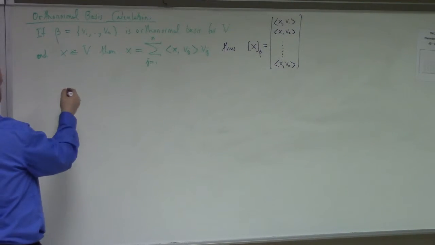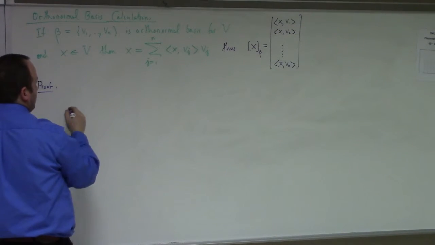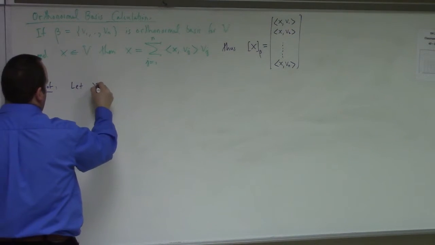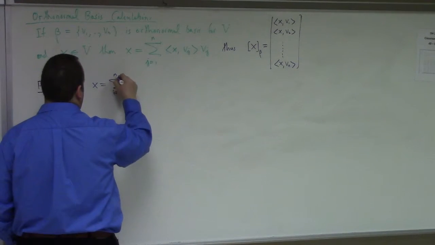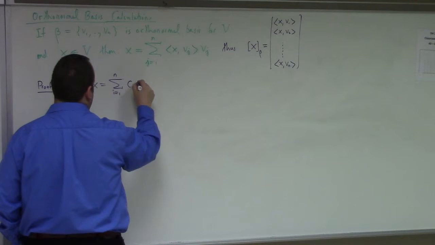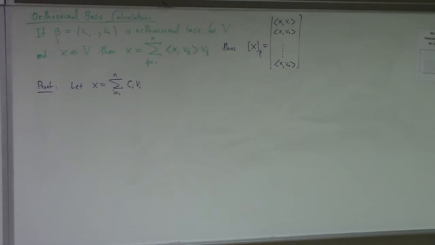The proof of this is not hard, right? Let x equal the sum, i equals 1 to n, of, let's say, ci vi. Why can I do that? If x is in the vector space and beta is a basis, any vector is in the span.